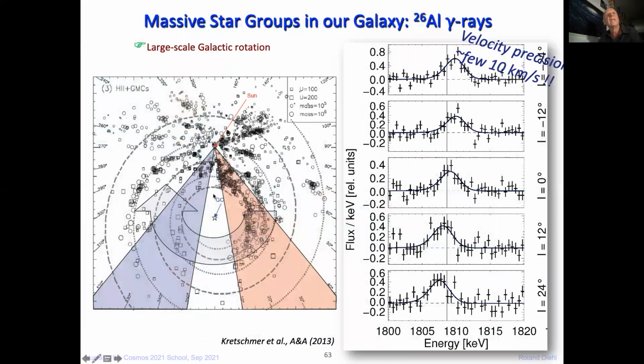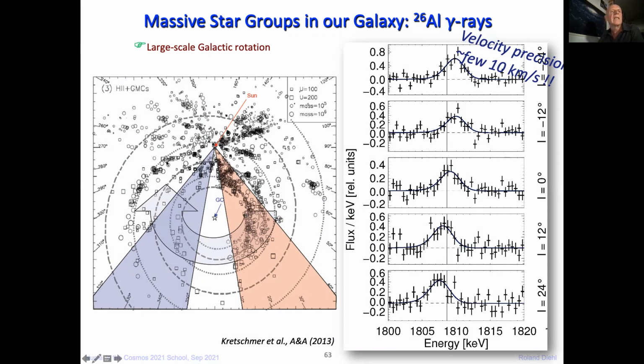So with INTEGRAL, we could look into different directions in the galaxy. If this would be our galaxy looked at from the top, then you can look in different directions, how the galactic rotation makes sources moving either away from us or approaching us.